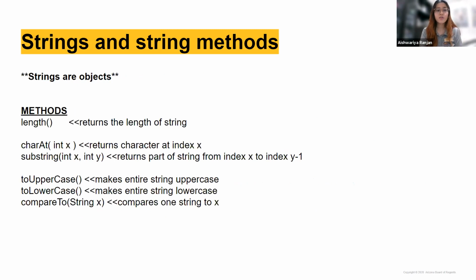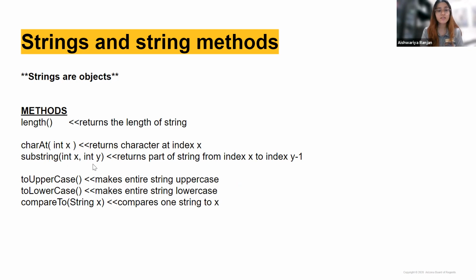So there are string methods associated with strings that help us use them more efficiently. One is length. This returns the length of the string, that's like the number of characters. And charAt(int x) would basically give you the character at that particular index x.